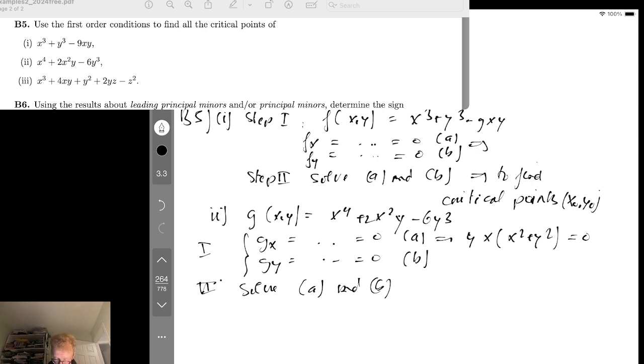So from A we have 2 cases. x is 0, or x squared is y squared, or this is y is plus or minus x. Then use this in B, and then well, you can go both ways.